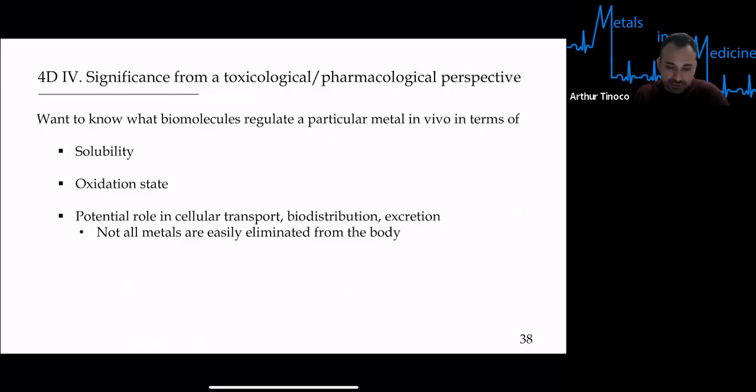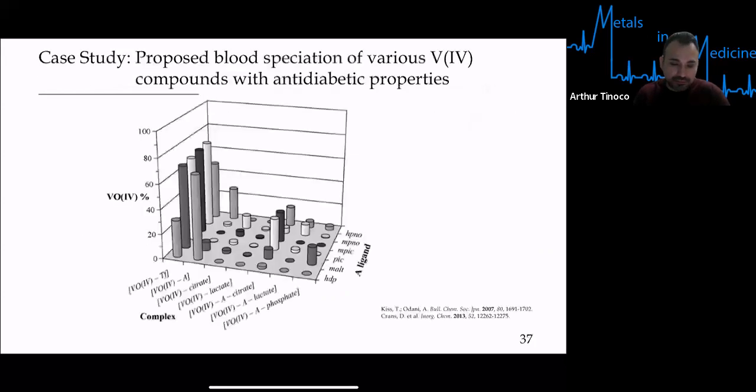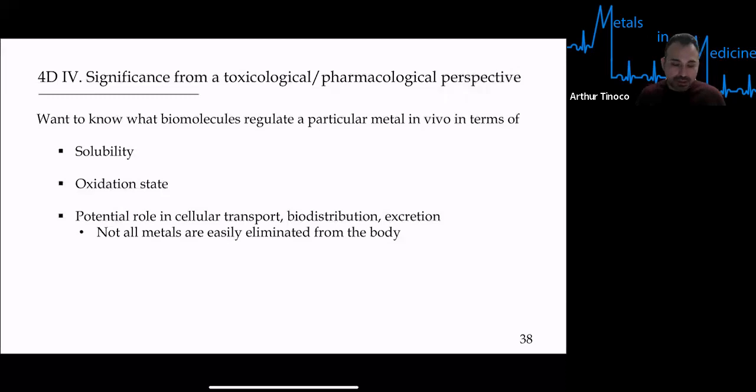All right, so this is just the same plot that I was just showing you, just to look at it a little bit more closely. All right, so what is the significance of this overall? So we have an appreciation that when you introduce compounds into solvent, and especially into physiological solution, you're going to get a lot of complexity in terms of speciation.